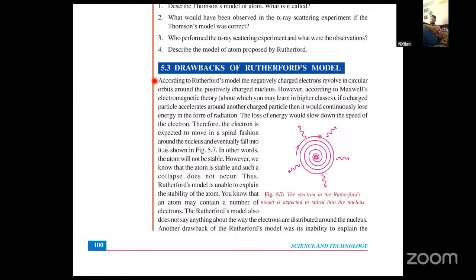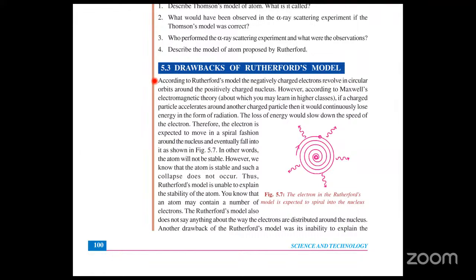According to Rutherford's model, the negatively charged electrons revolve in a circular orbit around the positively charged nucleus. However, according to Maxwell's electromagnetic theory, if a charged particle accelerates around another charged particle, then it would continuously lose energy in the form of radiation.